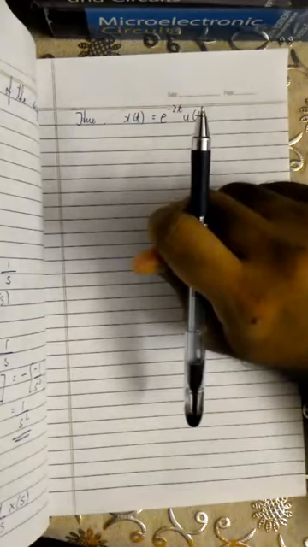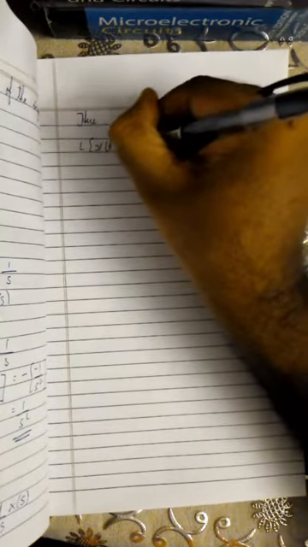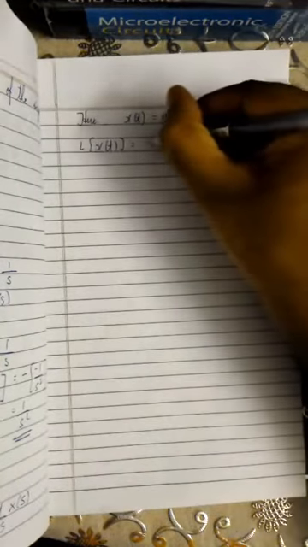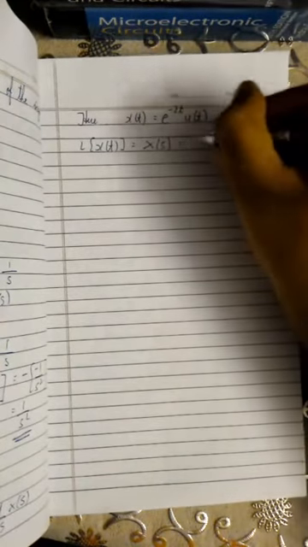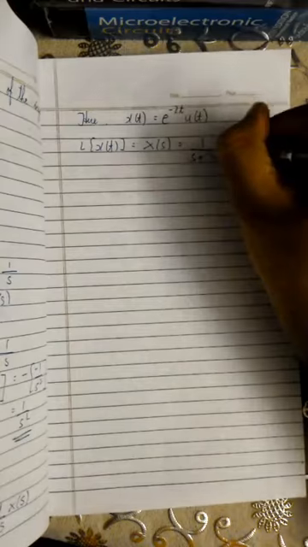So here my x of t is nothing but e raised to minus 2t into u of t, right? And the Laplace transform of my x of t that I have written over here is nothing but 1 by s plus 2.